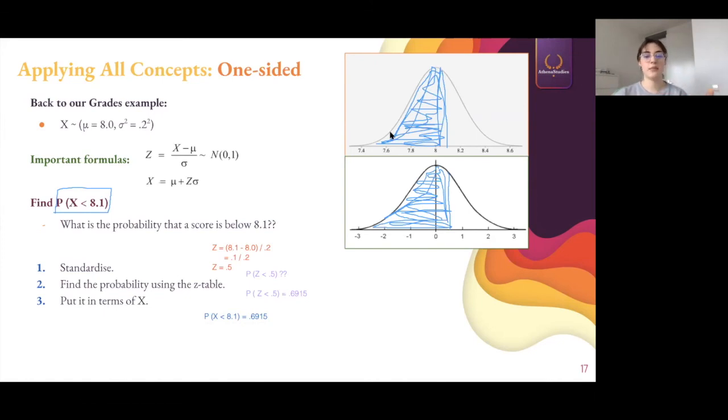That's exactly how you would solve a one-sided probability, where you are just given one x value or one z-score. You standardize it, find the probability using a z-table, and then put it in terms of x again. That's exactly how we would solve a question like this.